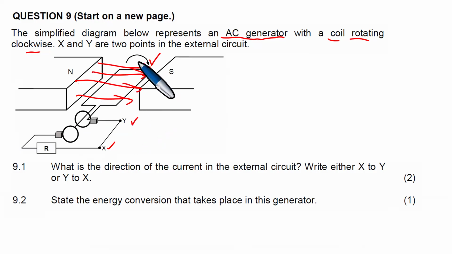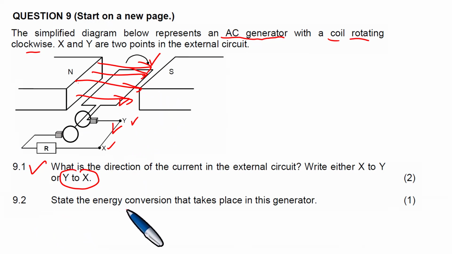Therefore the direction of the field lines will be from the north to the south pole, and as a consequence the current will run from Y to X. So the correct answer is Y to X, because the coil is rotating clockwise.